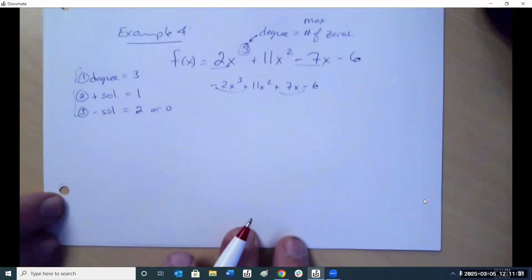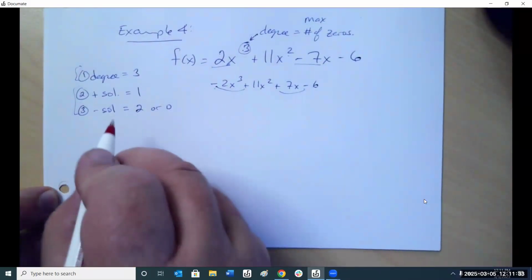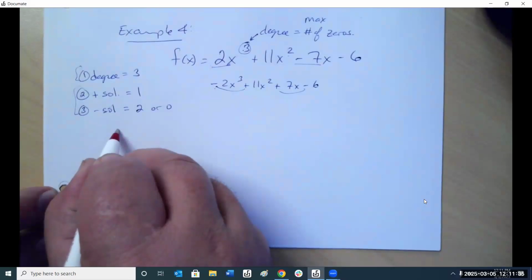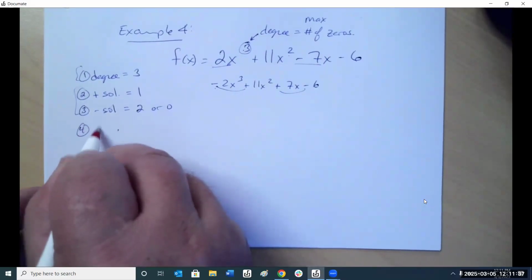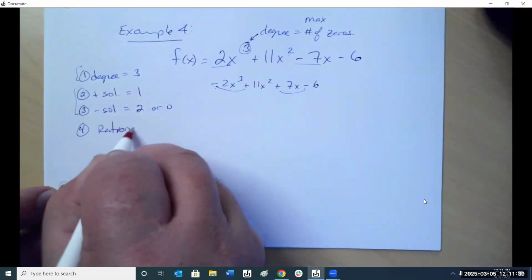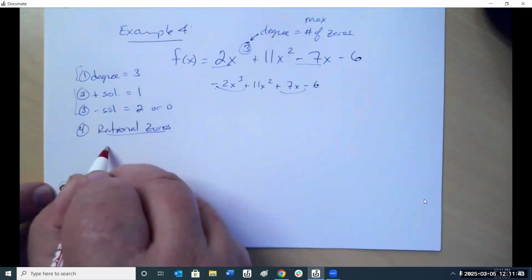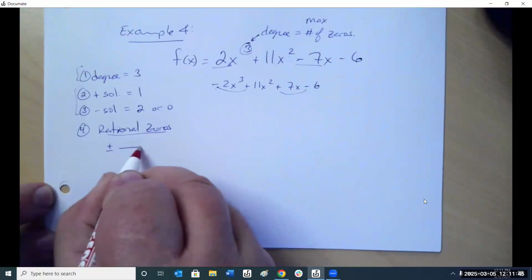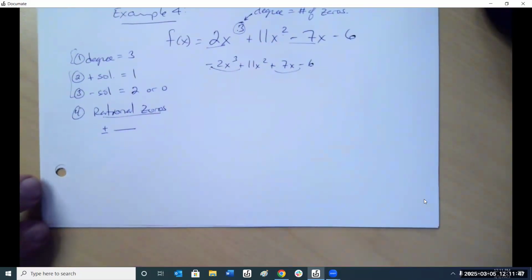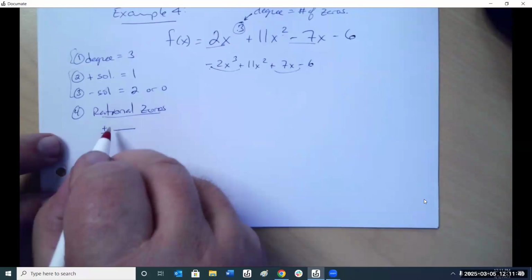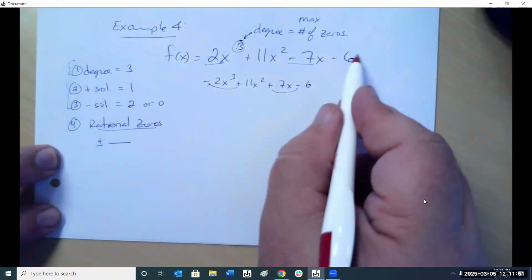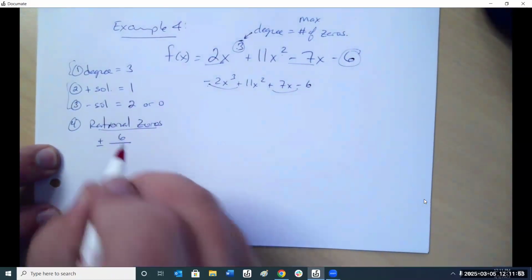What's going to be our rational zero? So the top number is always the last one, which is 6.